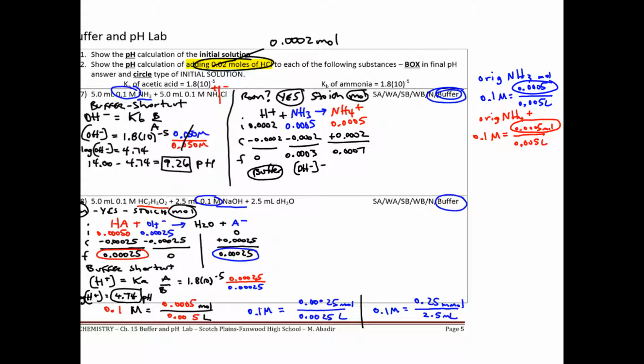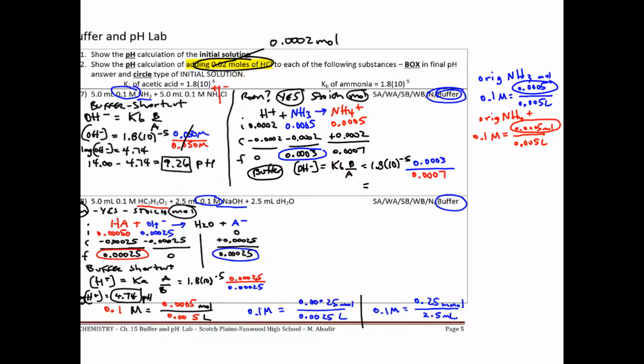So that's going to be KB times B over A. So that's 1.8 times 10 to the minus fifth. Now I need the base. The base is the 0.0003 divided by the acid, which is 0.0007. Okay, so on the calculator, I have to redo mine because I didn't write it correctly.